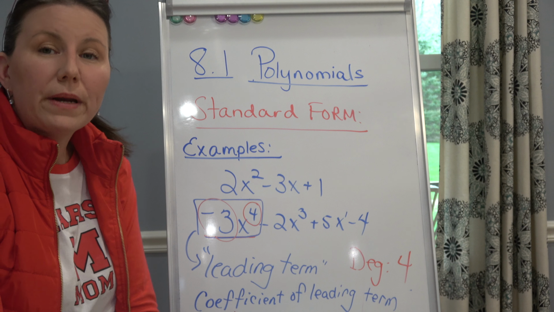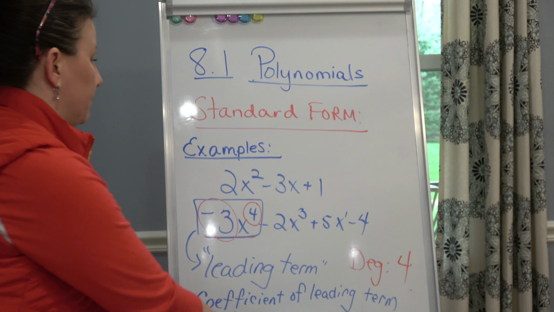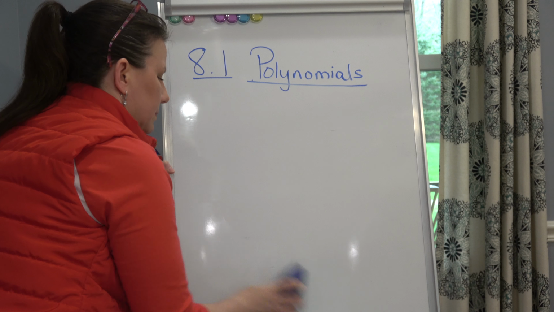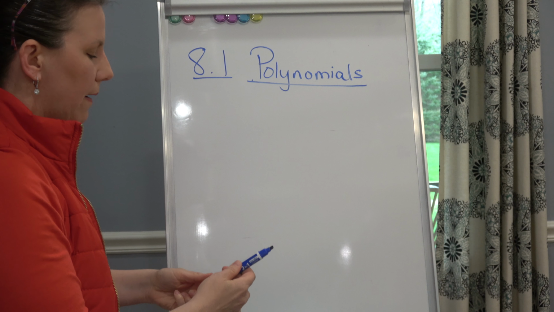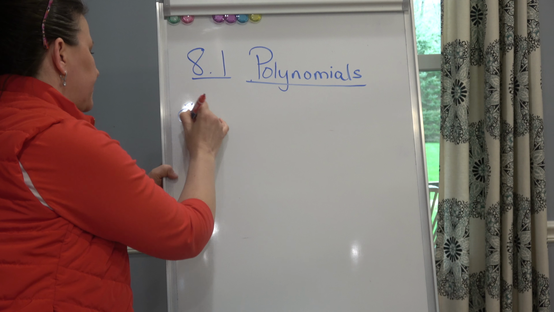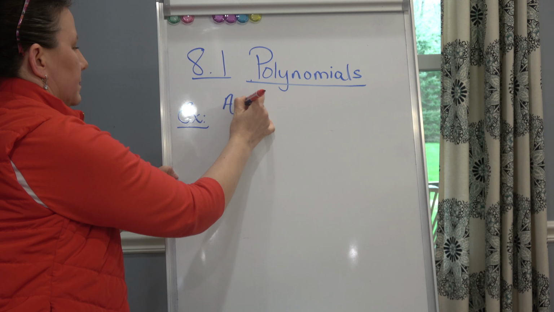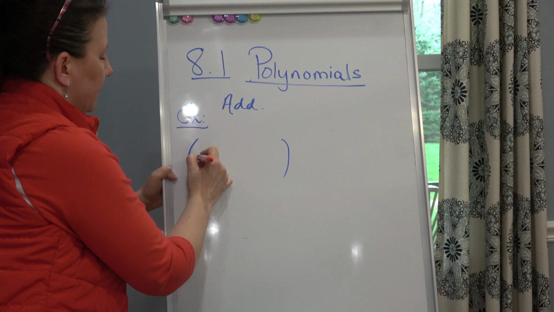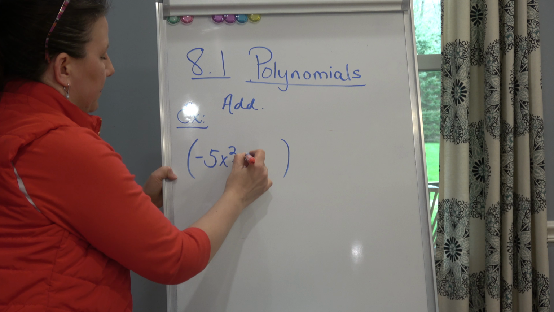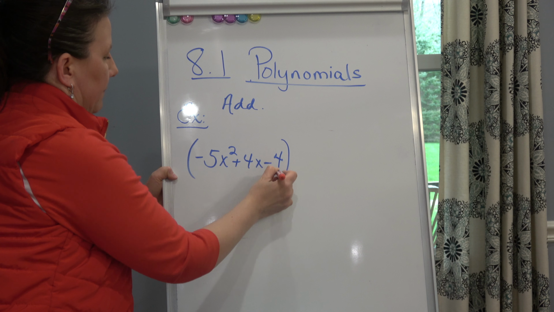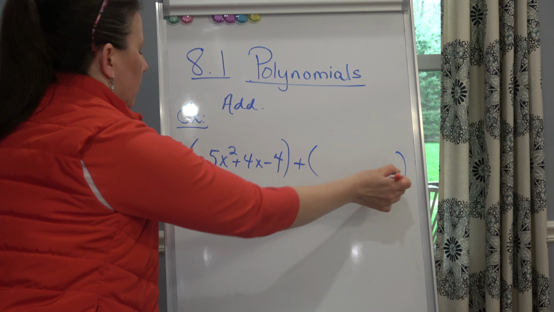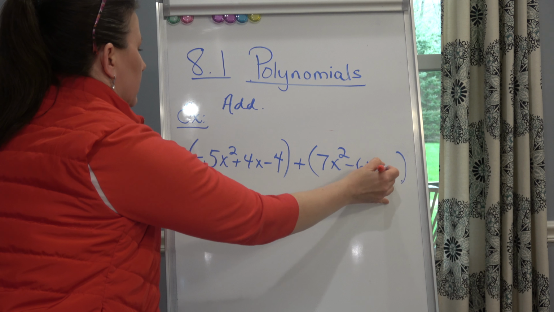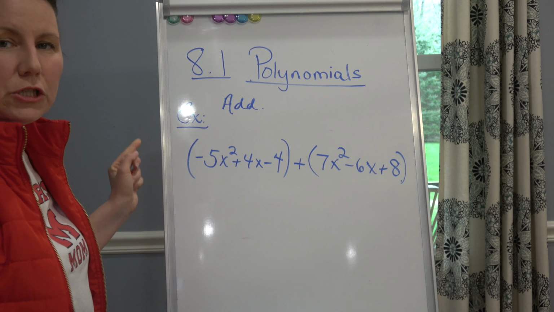Now we're going to look at what it would mean to add and subtract them. So if you are adding or subtracting, and let's say we had a trinomial plus another trinomial, there's a couple of different ways you can do this.